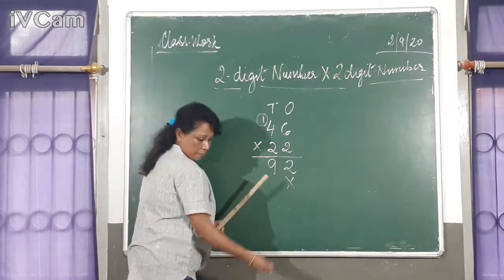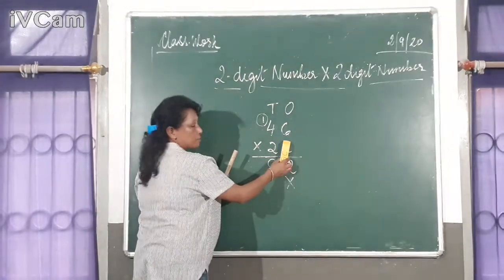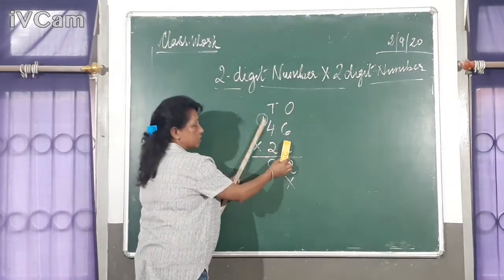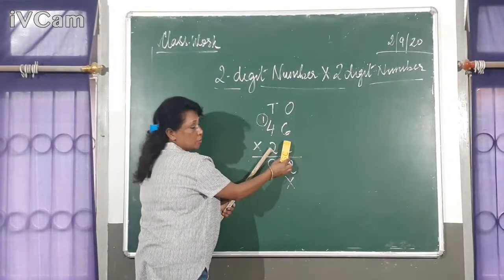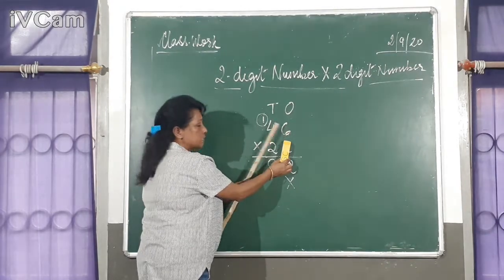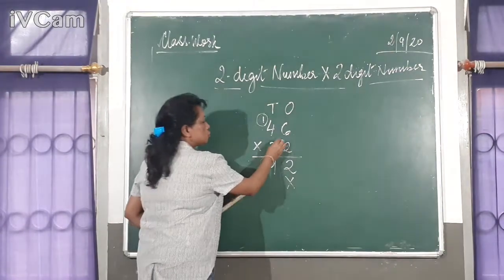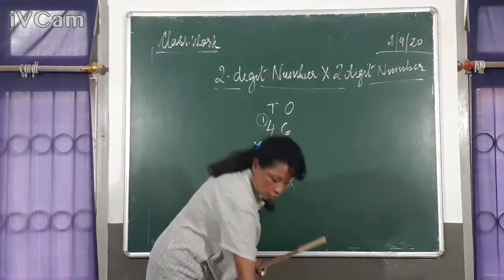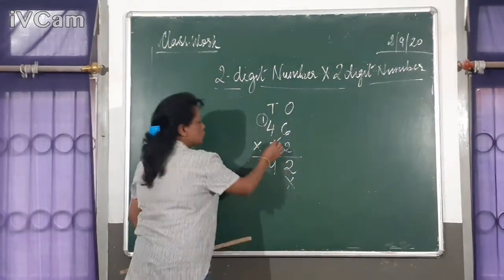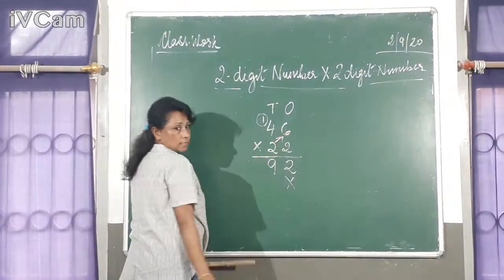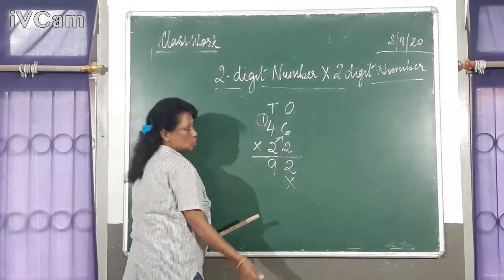Now the same way, don't concentrate on this number. Look at only the second number which is under tens. With this second number, you are going to multiply 6 and again multiply 4. Okay? So 2 6s, let me show you with a colored chalk, 2 and 6. So 2 6s are again 12.